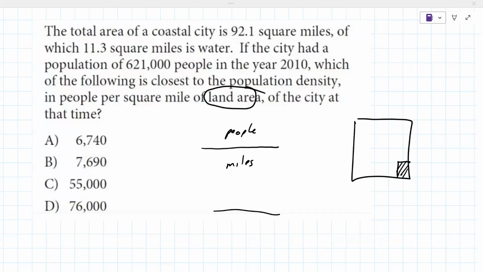So for people, it's 621,000 people, and for square miles, it's 92.1 square miles. So you're supposed to divide it. You missed the whole part where I said, hey, you gotta remove the part that's water. Okay. Read the first sentence again.